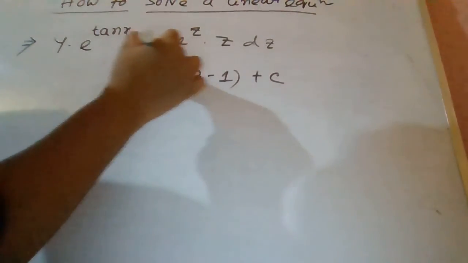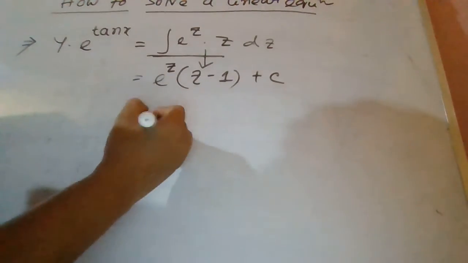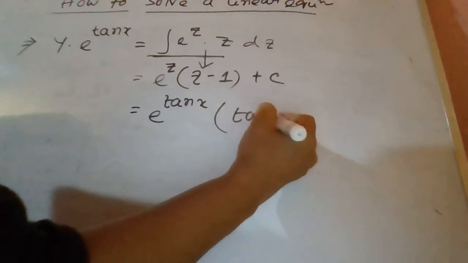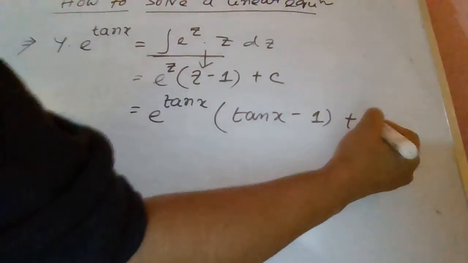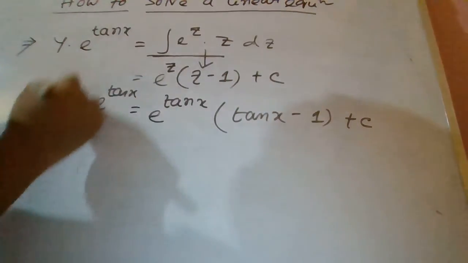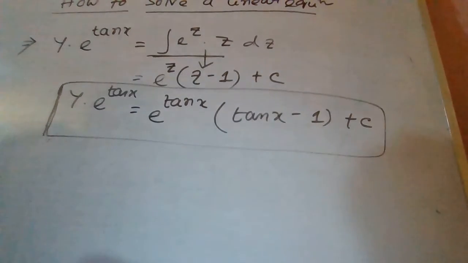Just apply by parts and you will get this value. Now putting the value of z, we get e to the power tan x into tan x minus 1 plus c. That is, y into e to the power tan x equals this. This is our required answer, and in this way we solve every linear equation.